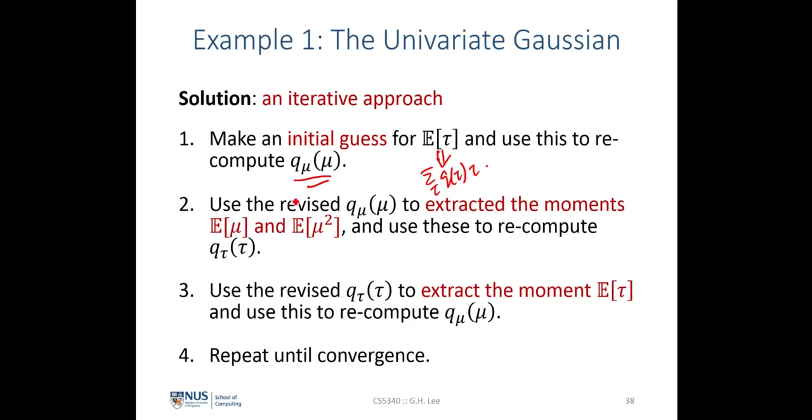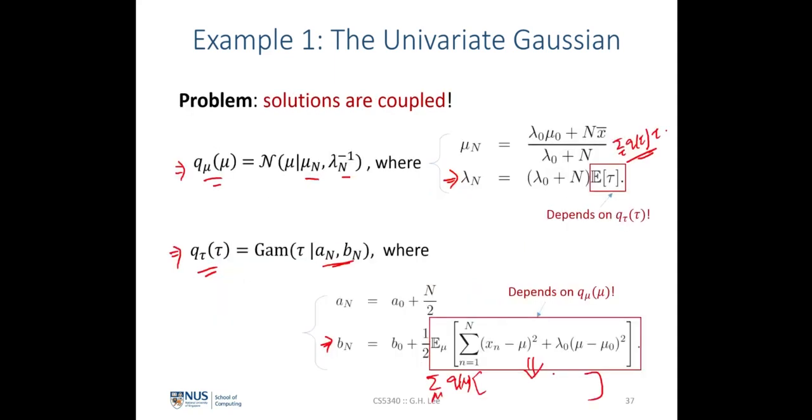Next, we'll use the revised q mu to extract the moments, the expectation of mu and expectation of mu square, and use this to recompute q tau, as in this particular expression, which involves the first and second moment of mu.